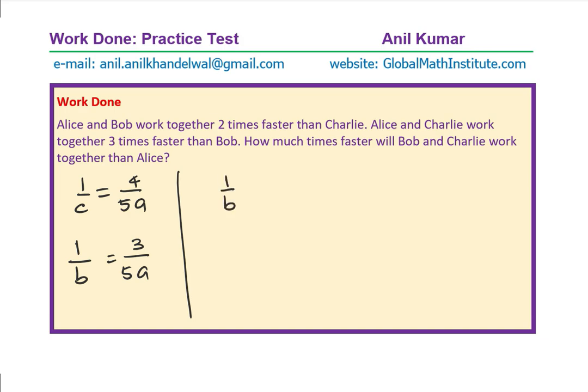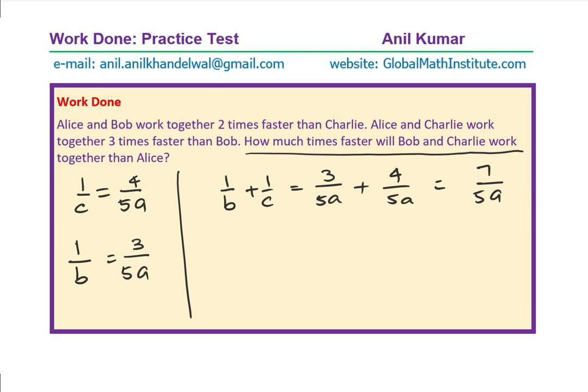So that is 1 over b plus 1 over c is what? So in terms of a, we can write 4 over 5a plus 3. In fact, I should write 3 first, right? I wrote b there. So 3 over 5a plus 4 over 5a, which is 7 over 5a. So you have your relation, which is how much faster Bob and Charlie will work together than Alice.